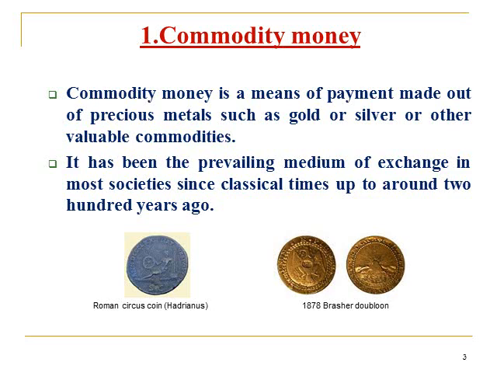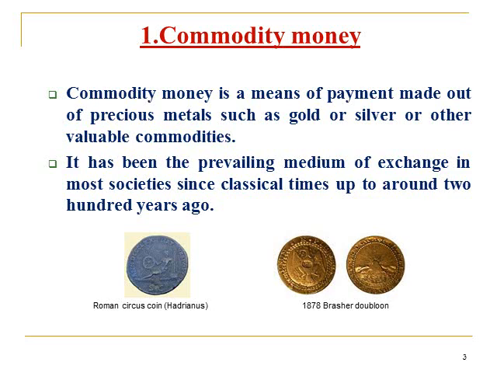Gold and silver are the prevailing medium of exchange in most societies since the classical times up to around 200 years ago. Okay, from about 200 years ago, the money was commodity money such as gold or silver. This is the number 1 of forms of money.